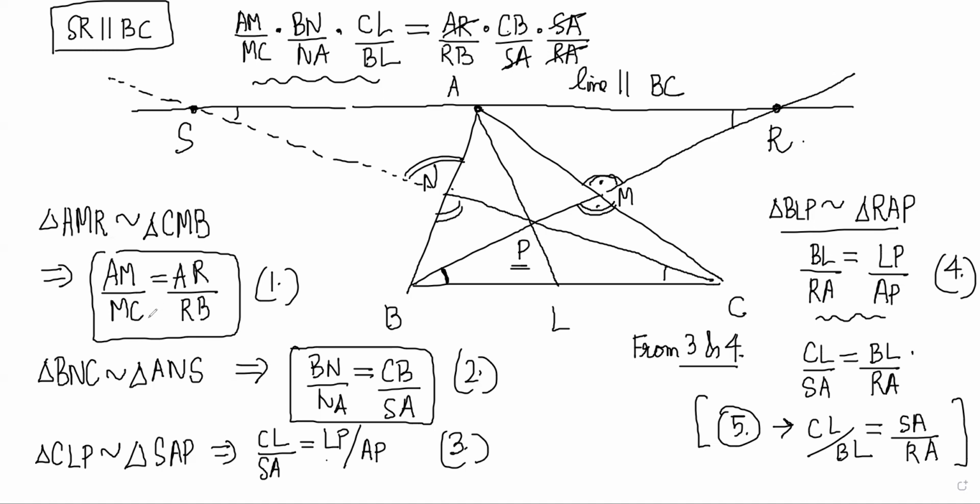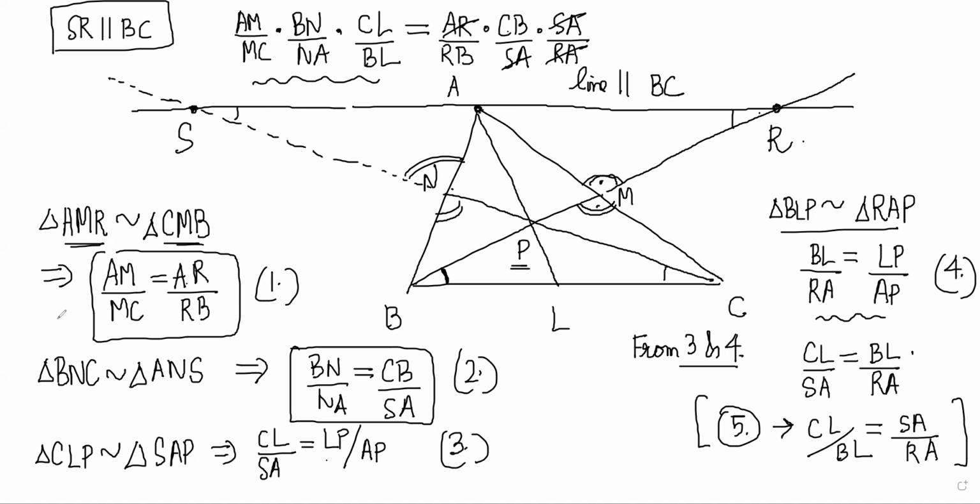Actually, I have made some mistake. It is not AR by RB, it is AR by CB. AR by RB doesn't make any sense. We had similarity of AMR and CMB, right? So we said AM by MC is equal to AR by CB.